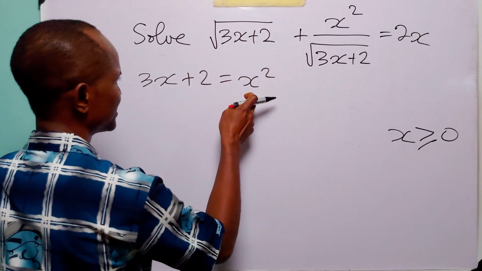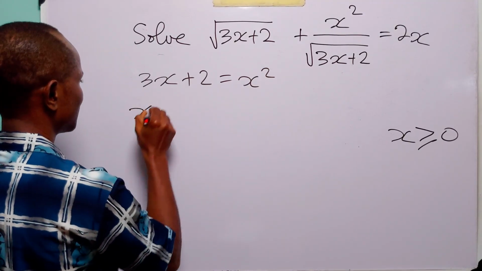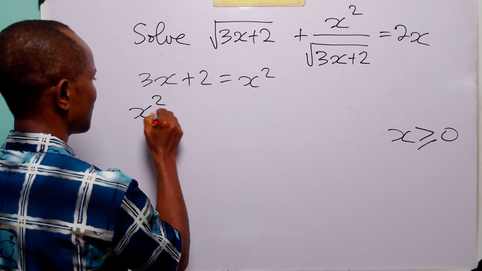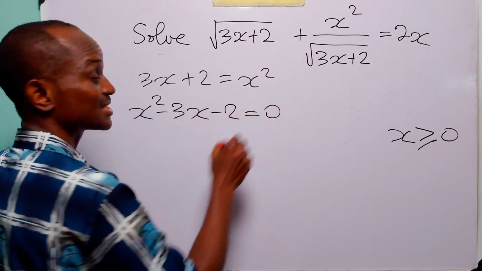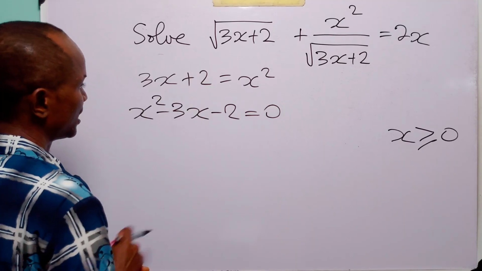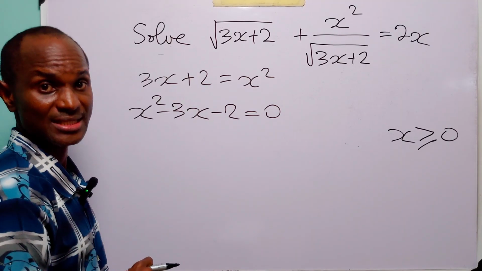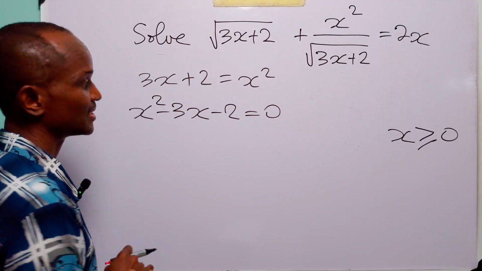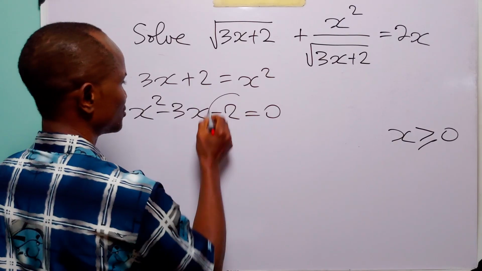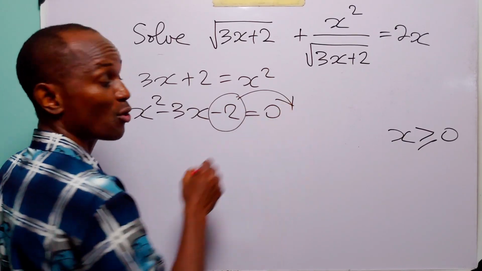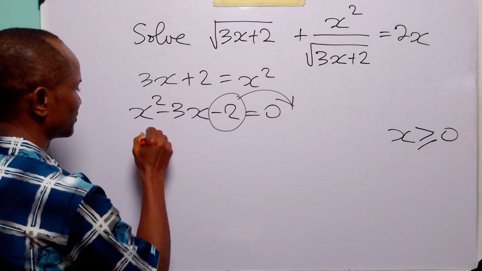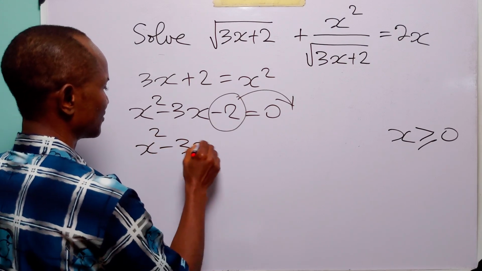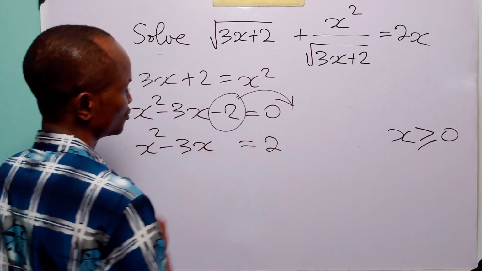And of course, rearranging this equation, we have x squared minus 3x minus 2 is equal to 0. Now, we cannot factorize this equation, but we can solve by completing the square. The first thing we are going to do is to move this constant term over to the right-hand side of the equation. When we do that, we have x squared minus 3x is equal to 2.